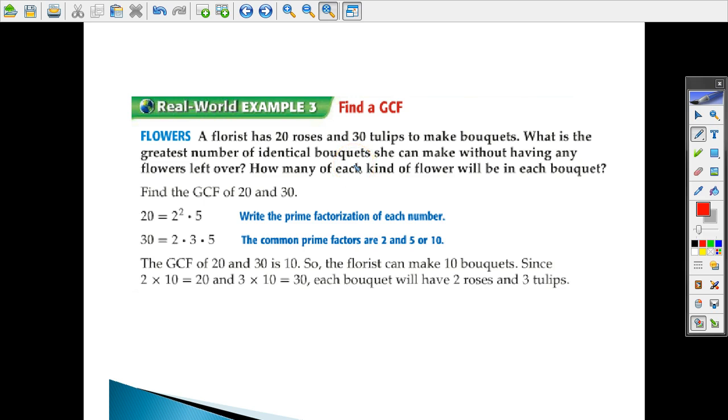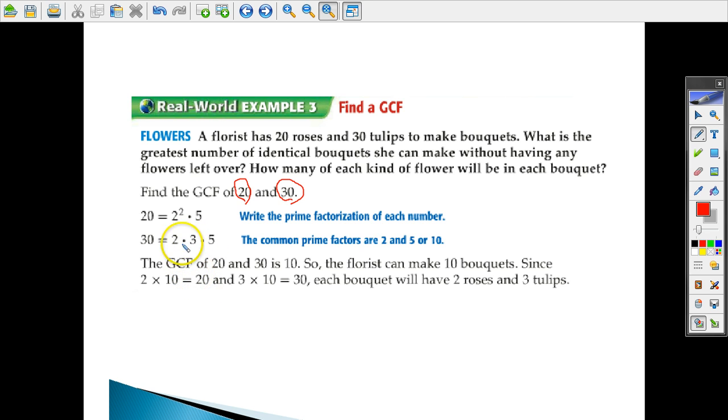All right, here is a real world example where you would have to find a greatest common factor. Flowers. A florist has 20 roses and 30 tulips to make bouquets. What is the greatest number of identical bouquets she can make without having any flowers left over? How many of each kind of flower will be in each bouquet? Okay, so find the GCF of 20 and 30. So 20 and 30, you can factor these numbers.